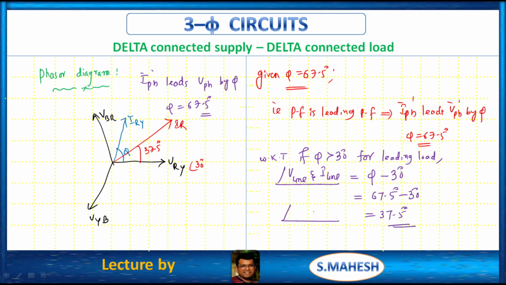That is the angle between VRY and IR, which is 37.5. Satisfied? That's it. This is starting from 30. If we add 30 degrees to this, 67.5 between this is 97.5. That's it. This is the phasor diagram for this delta connected supply and delta load. That's it.